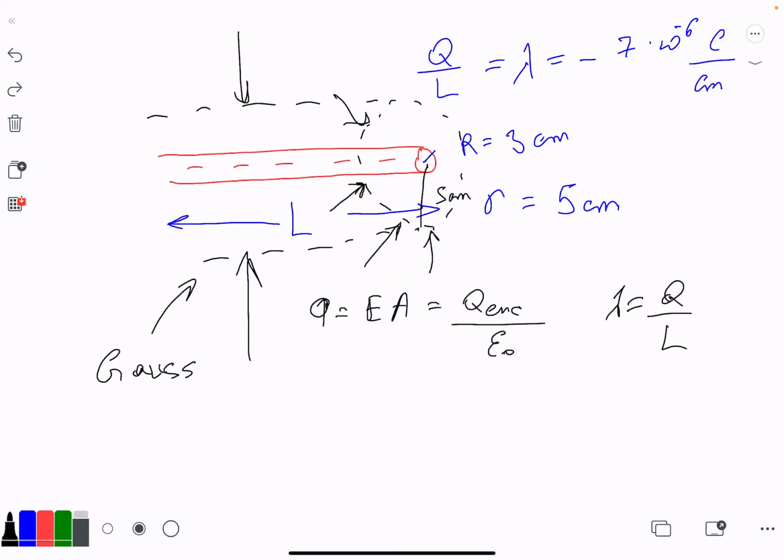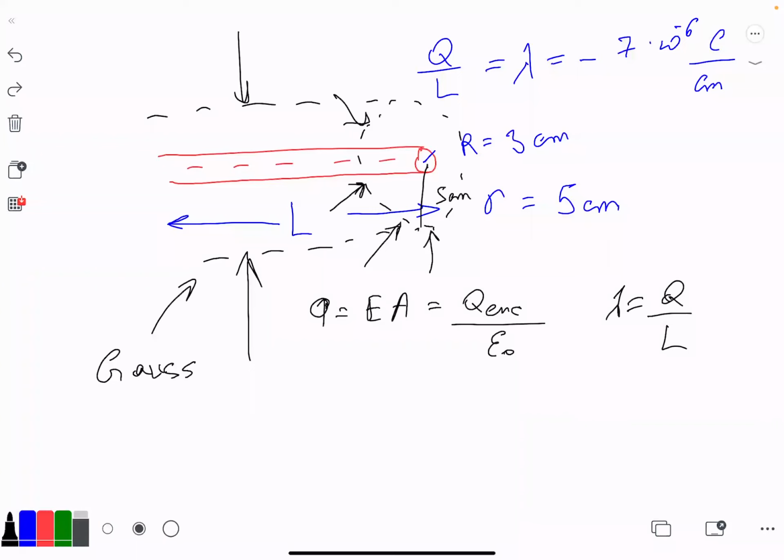How can you find it? What is it equal to in formula? Area of the cylinder, yes.